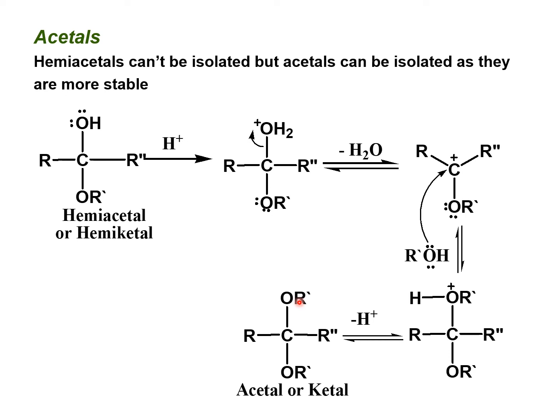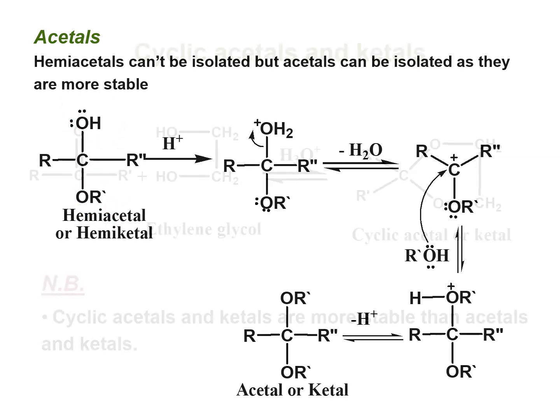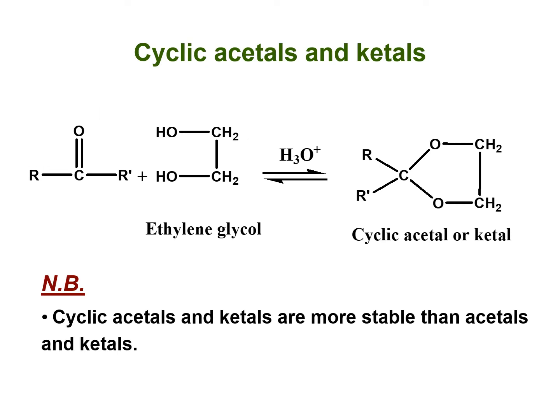To identify an acetal or a ketal, you will have to see a carbon attached to 2 O alkyl groups. To identify a hemiacetal or a hemiketal, you have to identify a carbon that is attached to an O alkyl group and an OH. As we've mentioned, a very important example of these acetals are the cyclic acetals and the cyclic ketals, where we use ethylene glycol as a dihydric alcohol.